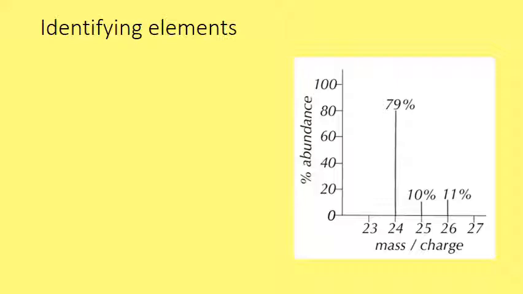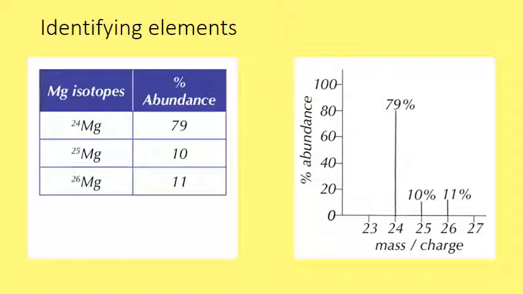So that's what the mass spectrometer would tell you, and then a computer connected to the mass spectrometer might easily just refer to a database with that information, and it would come up with the fact that magnesium, as it happens, has that sort of spectrum. When a sample of known magnesium was put through the mass spectrometer, those were the abundances of the 3 isotopes of magnesium.